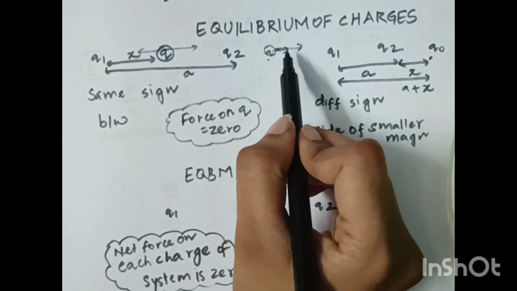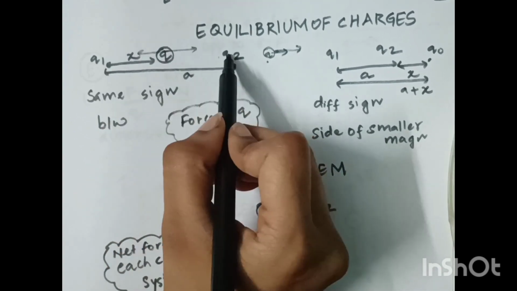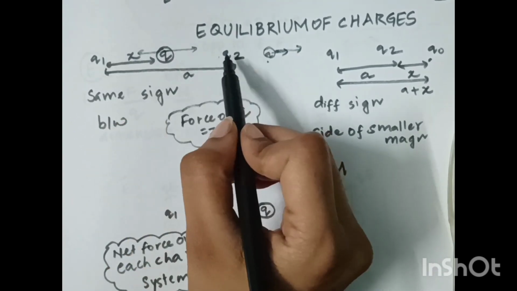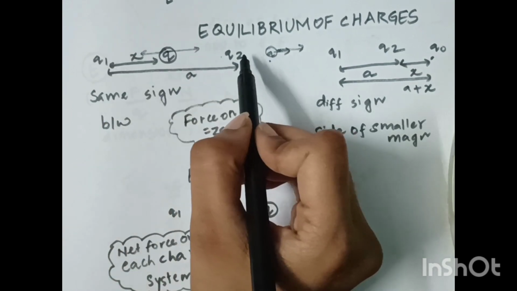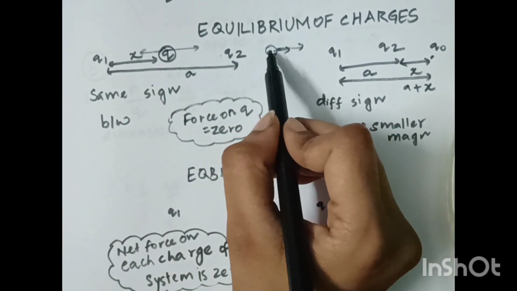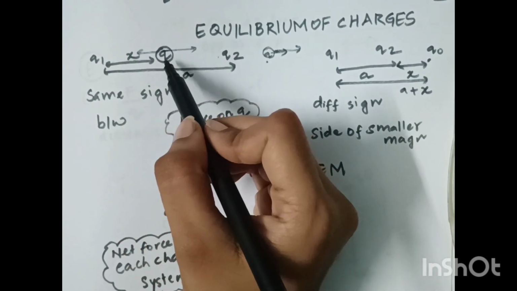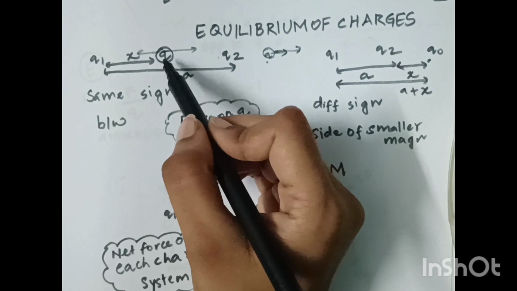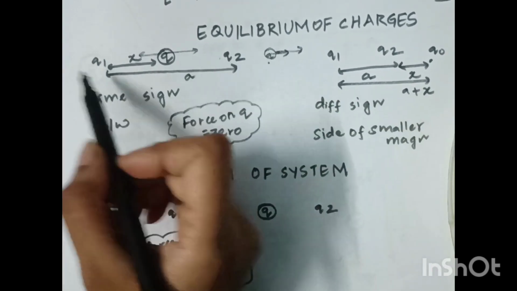But here there is no cancellation, so it is not possible. If both charges are like charges, of the same sign, and we keep the charge only in between them, there is a possibility of getting the equilibrium condition for that charge. If we keep it outside, we cannot attain that. So that is what I have told.